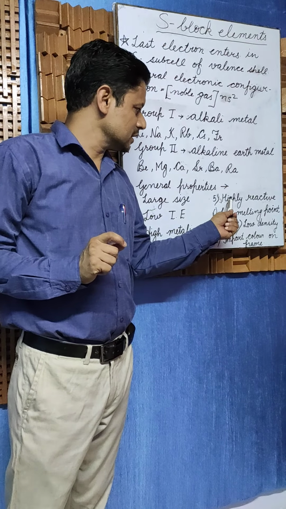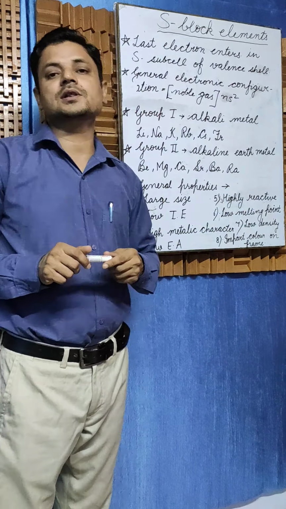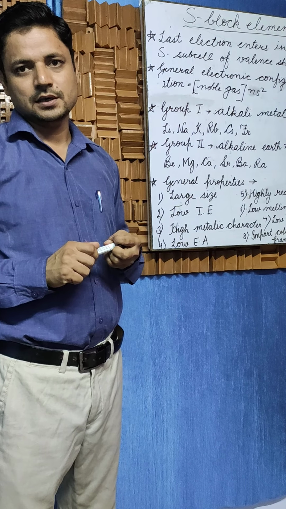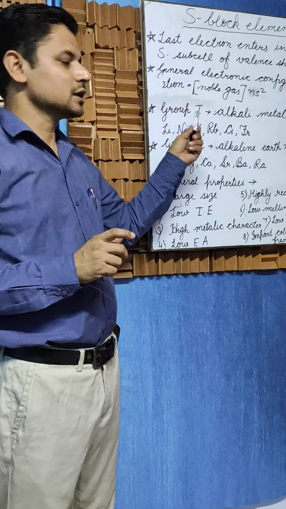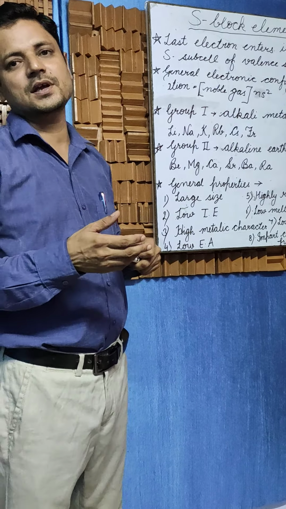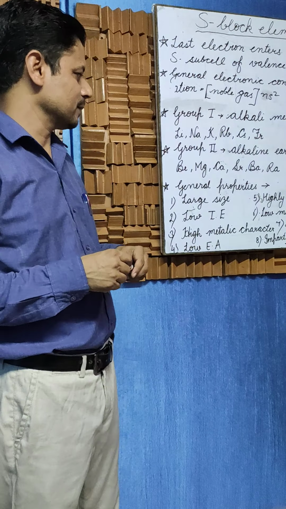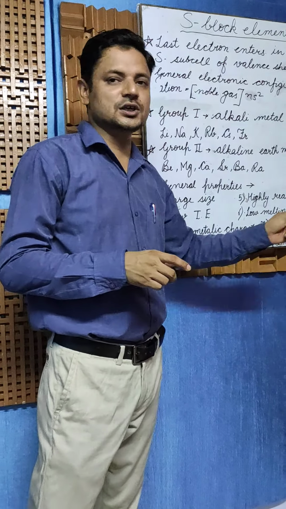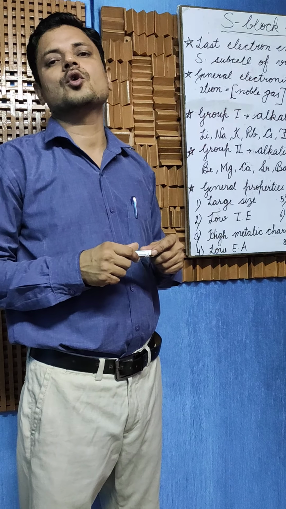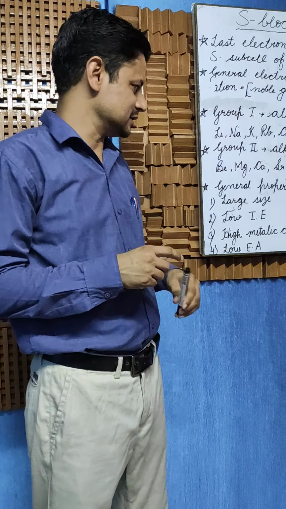Next property is high reactivity. All the S block elements are highly reactive elements, and that's why these are stored in either paraffin or kerosene oil. The highly reactive nature of these S block elements is due to low ionization energy.